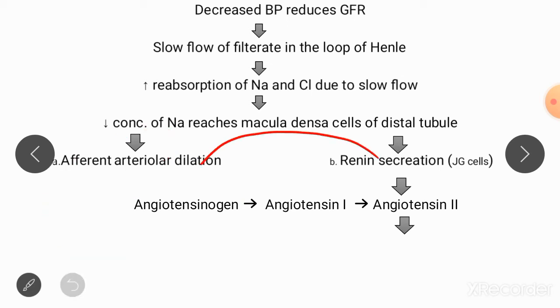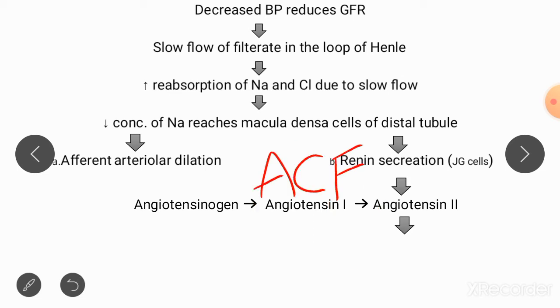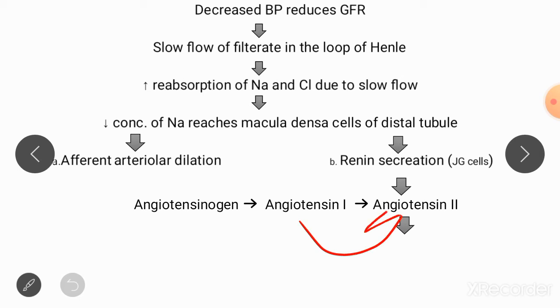Renin acts on angiotensinogen and converts it into angiotensin 1. Angiotensin 1 then travels in your blood and reaches your lungs, and within your lungs is present a special enzyme known as angiotensin converting enzyme or ACE. This enzyme converts angiotensin 1 into angiotensin 2.